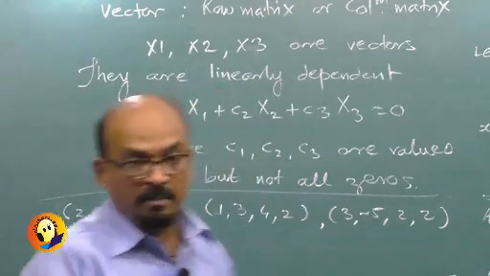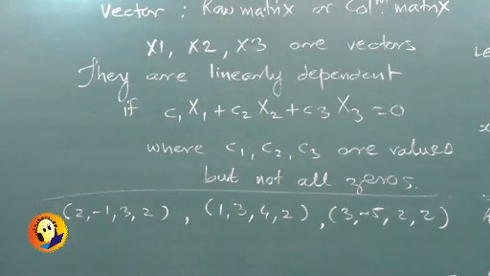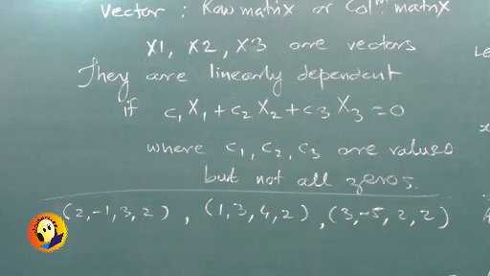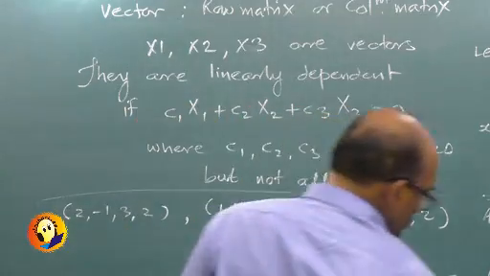Check the linear dependence of these three vectors is the problem statement, and if they are dependent, find the relation. Got the question? Make a note till this so that I can show you the solution, how it is to be done.